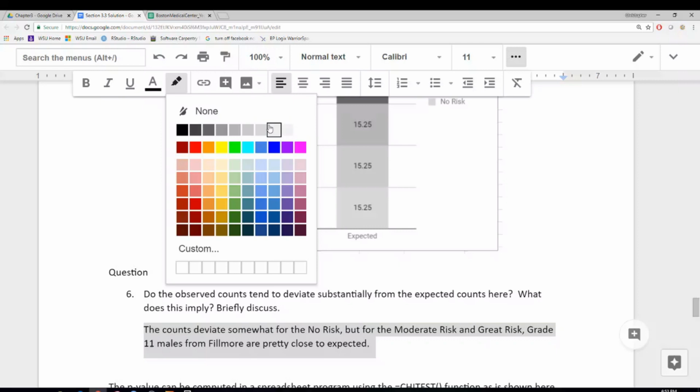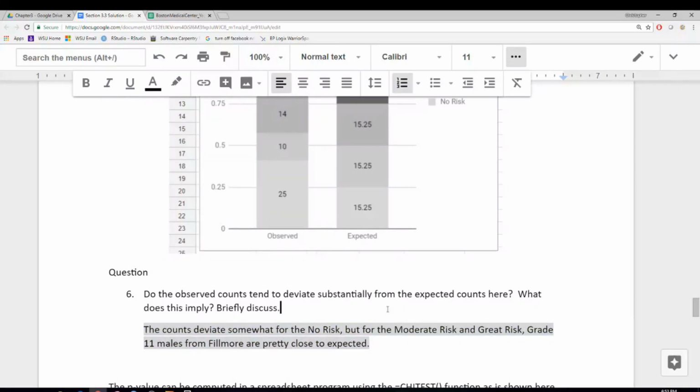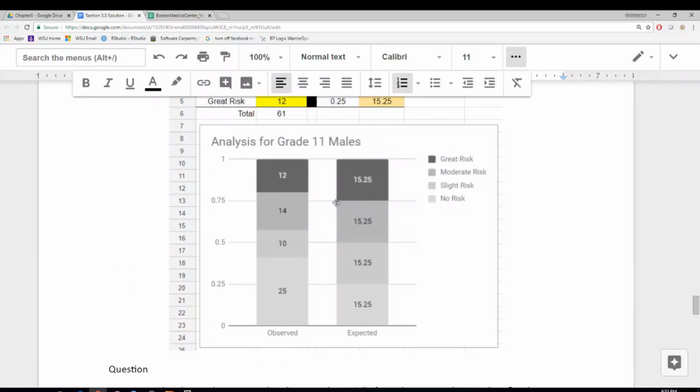Obviously I've got some areas where I deviate quite a bit, but I've got other areas where I'm pretty much on target. But that's what the test does for me. It helps me define whether the outcomes that I see here, the pattern 25, 10, 14, 12, is statistically far enough away from a pattern of 15, 15, 15, 15.